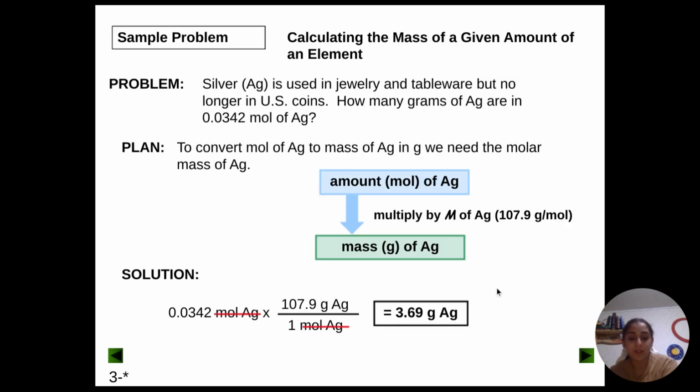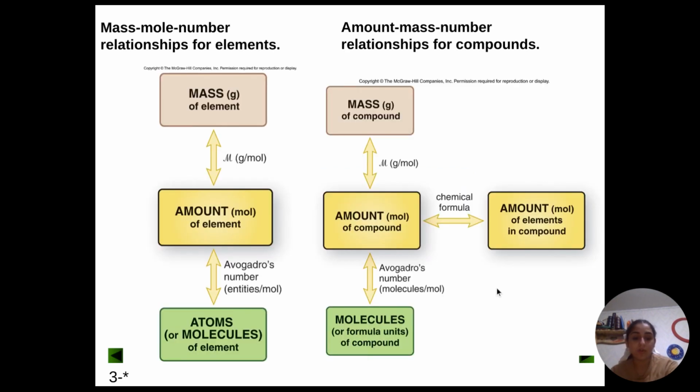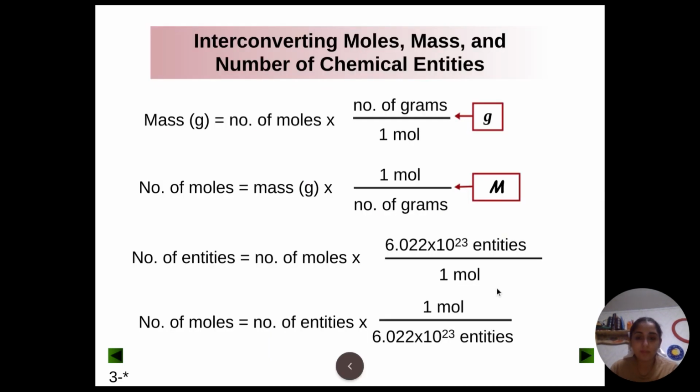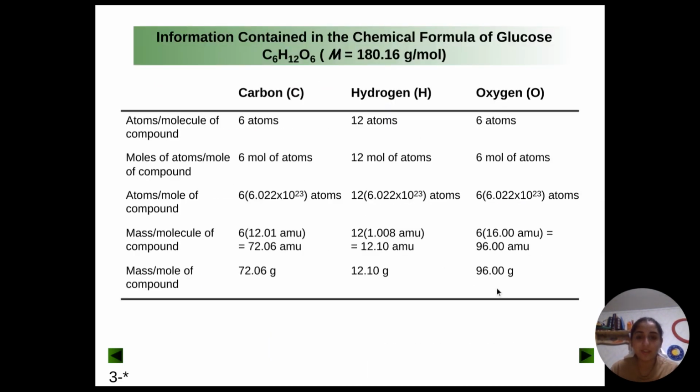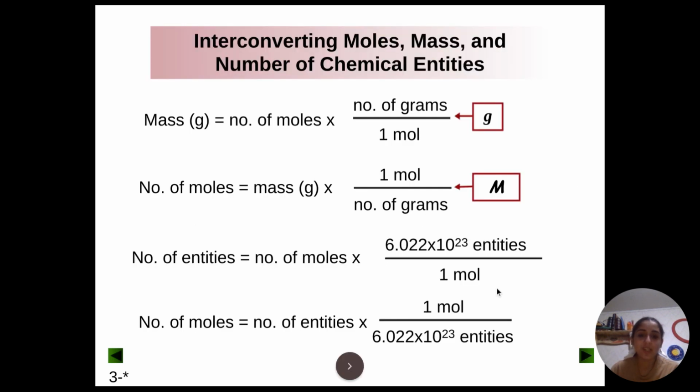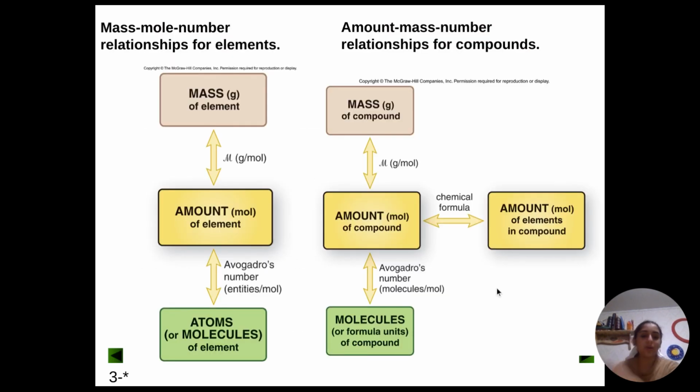So you would go by each one in the compound. Like shown previously, glucose has 6 carbons, 12 hydrogens, and 6 oxygens. That's a compound, which is why we got each individual molar mass. And you do all of this with Avogadro's number, and you get your molecules or formula units of the compound.